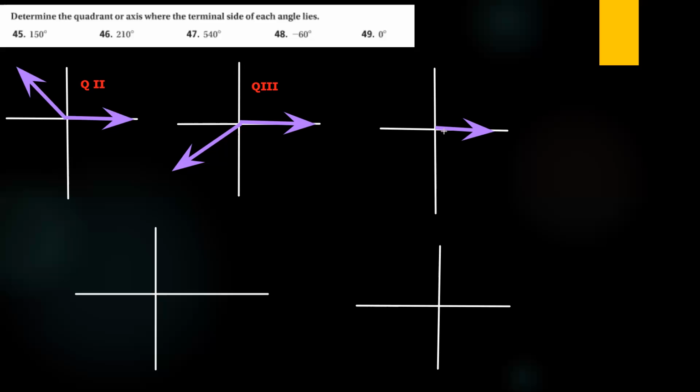So it has to be here. Is it in a quadrant, or on the axis? It's on the axis. Bravo. Teacher, should we say the x-axis? Yeah, axis.